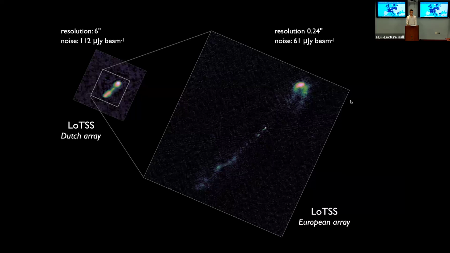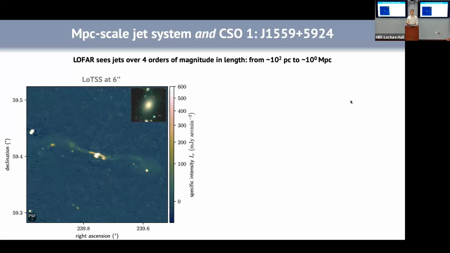That's really exciting, and you can use this for a host of science applications. One of them is AGN. This is an image where you see what jets look like if you use only the Dutch array of LOFAR. If you use all those international baselines, you can get much more detail of how such a source looks. That allows us to look at these jet systems all the way from the megaparsec scale.